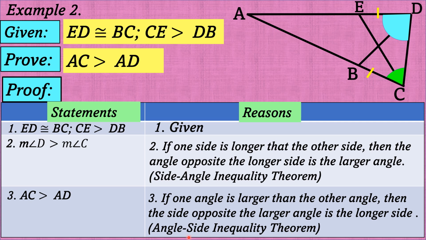What does the angle side inequality theorem state? If one angle is greater than the other angle, in this case angle D is greater than angle C, then the opposite side of angle D, which is side AC, is longer. It is really longer compared to the opposite side of angle C, which is side AD. Therefore, we can say that side AC is greater than side AD.